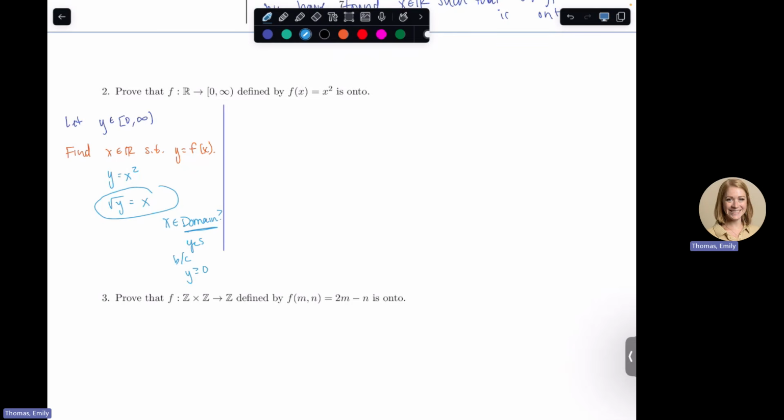Okay, so it is that x is in our domain here because our y value is non-negative, which means the square root will be a real number. Okay, proof.